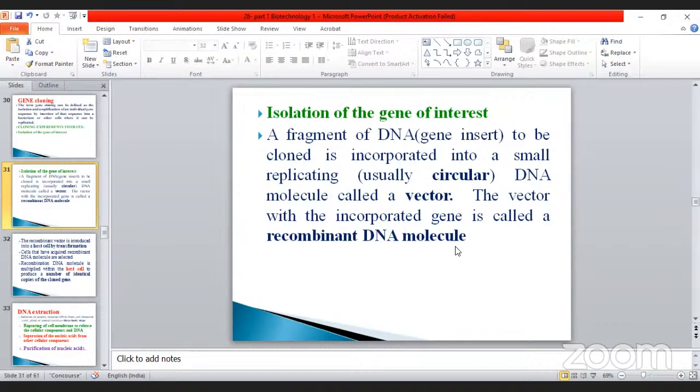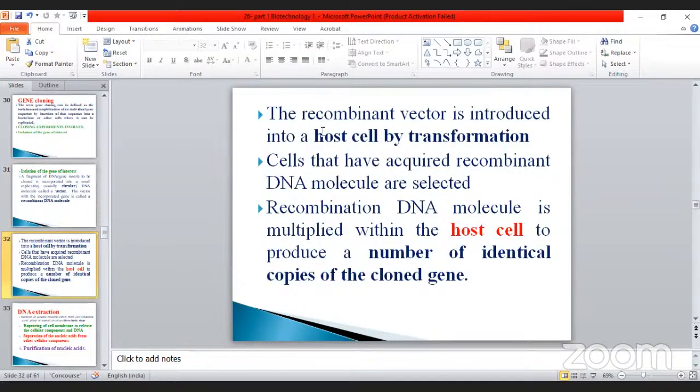After the isolation, what happens? You have to introduce the gene into the recombinant vector and also introduce it into the host. The recombinant vector is introduced into the host cell by transformation. The cells that have acquired the recombinant DNA molecule are selected.